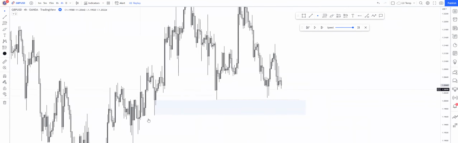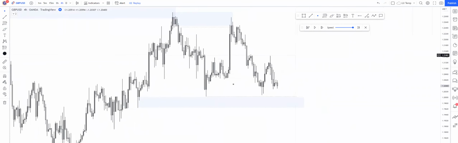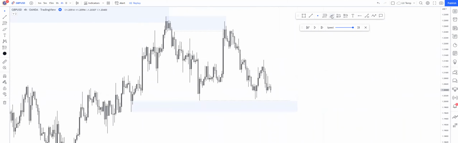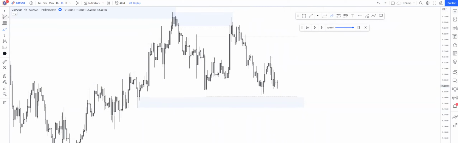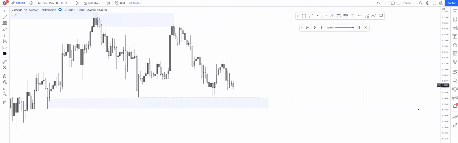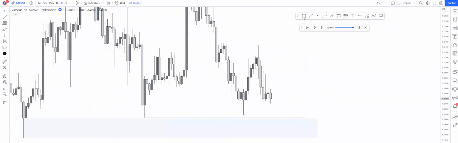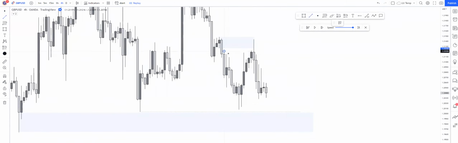Okay, so let's keep the bigger picture in mind, because once we take out this low, then we took out the external liquidity, so we could expect some type of retracement. But then we have to keep in mind the current range that we're in. The current range that we're in right now is this right here. So we came into imbalance for price action plus rejection block. We took our liquidity. Notice the liquidity that was taken.